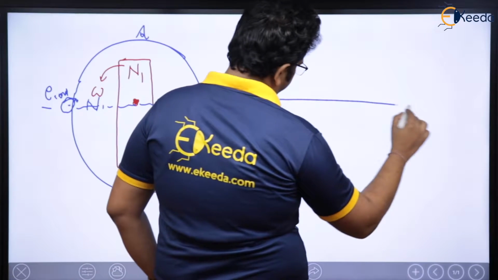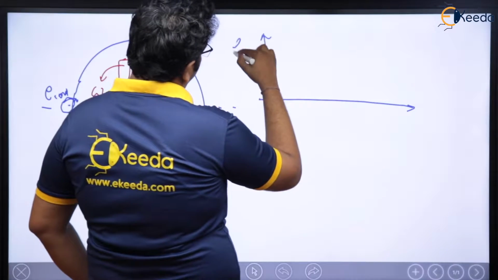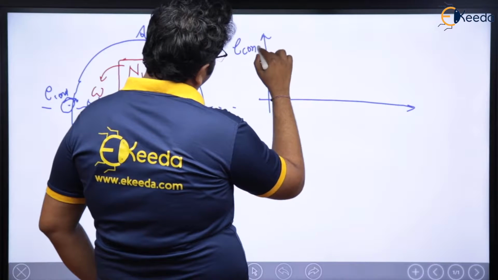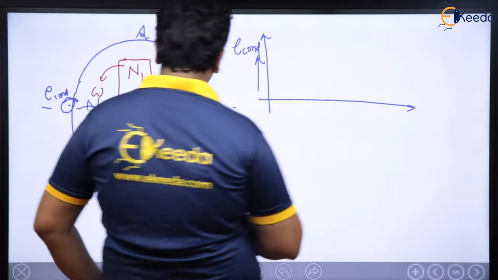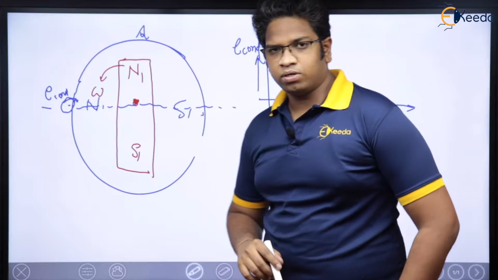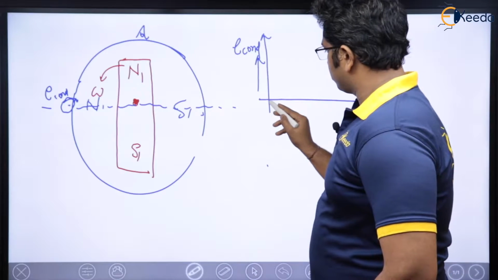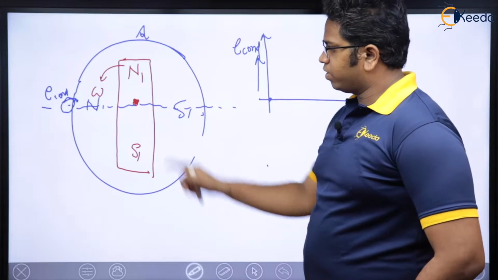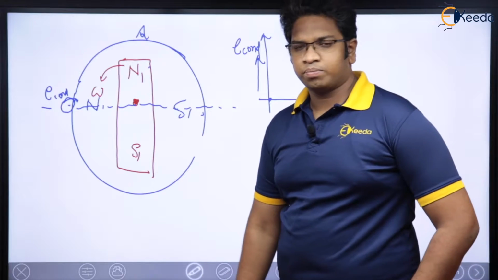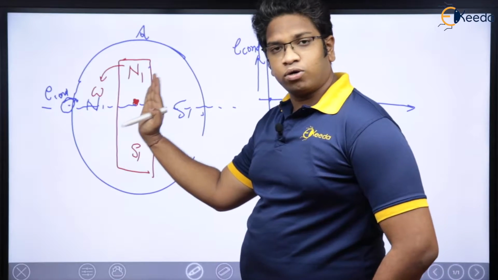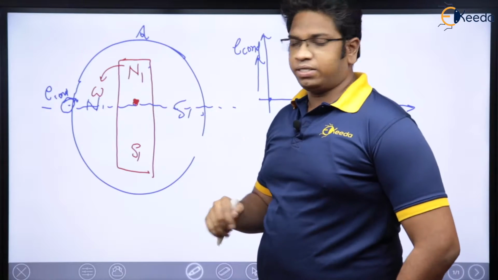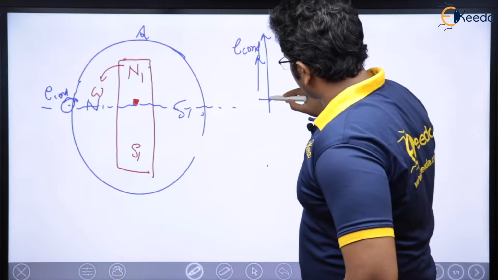How is it going to be there? As of now, induced EMF is 0, when N1 is here and S1 is here. After rotating the rotor poles by 90 degrees, positive maximum came.